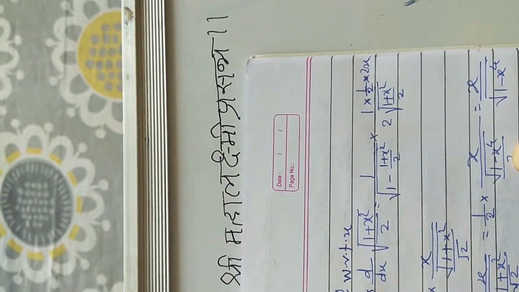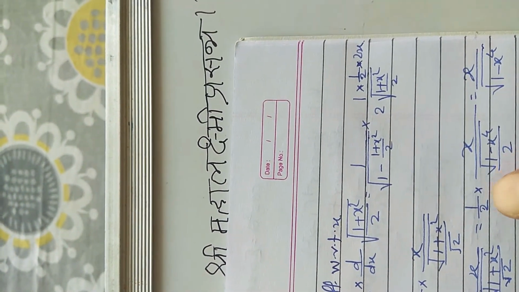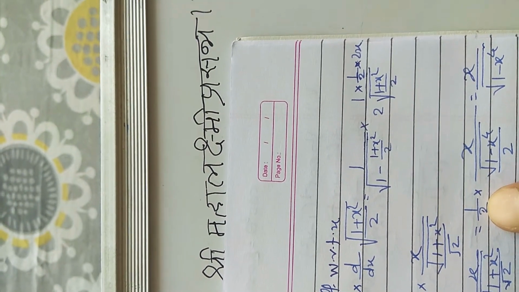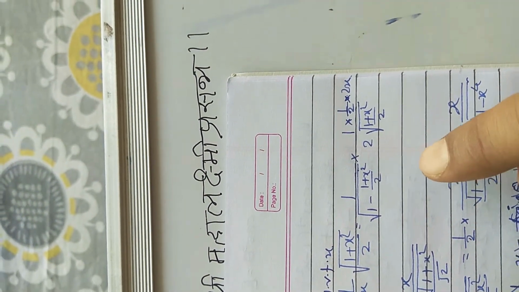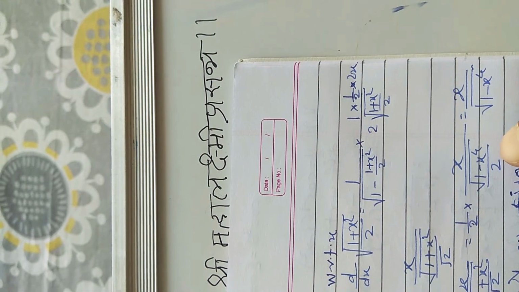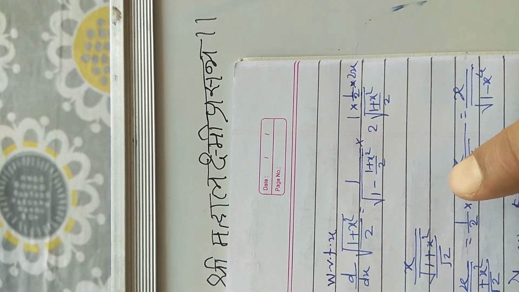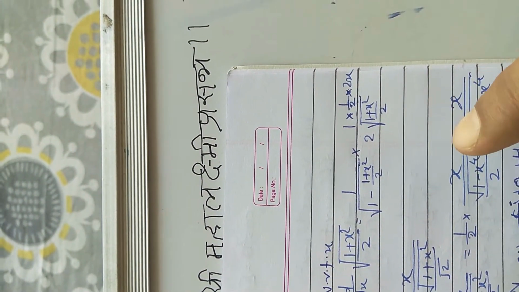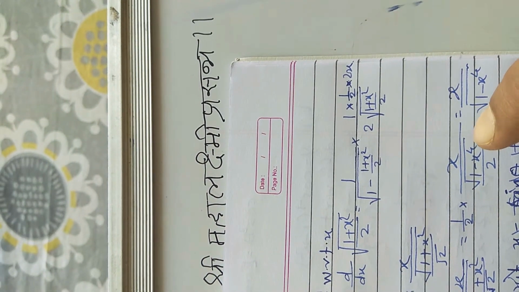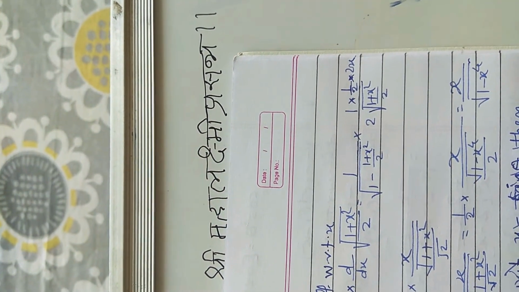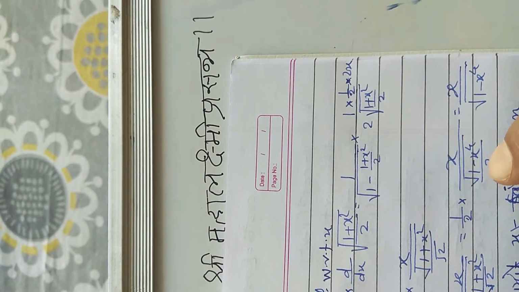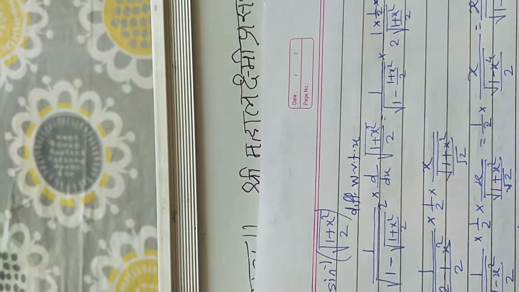Now this 2 and this 2 can get cancelled, because this x upon root of 1 minus x square upon 2 will give you x into 2 upon root of 1 minus x square. Then that 2 and 2 will get cancelled. What remains behind is x upon root of 1 minus x square.